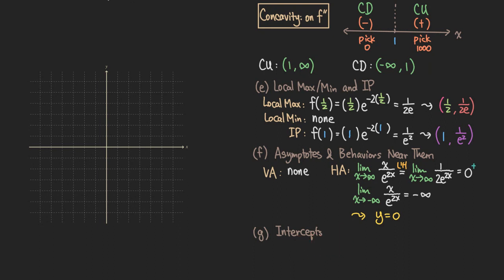I'm not going to spend the time showing this one, but there is only one intercept that's both the x and the y intercept. That's 0, 0. That's the origin. Okay, so now we have found all the information that we need for this.